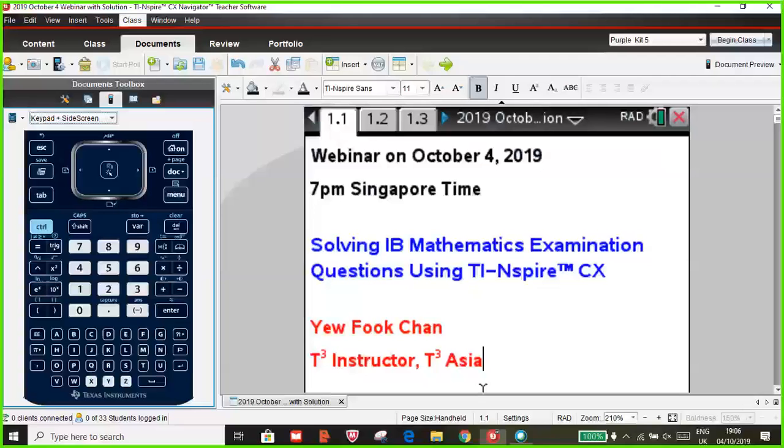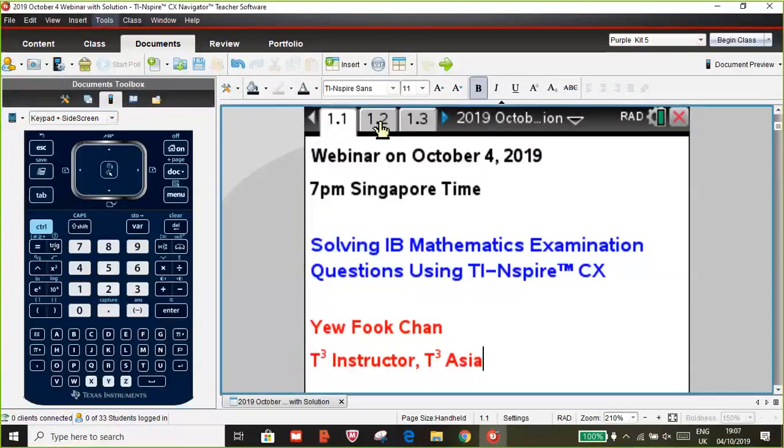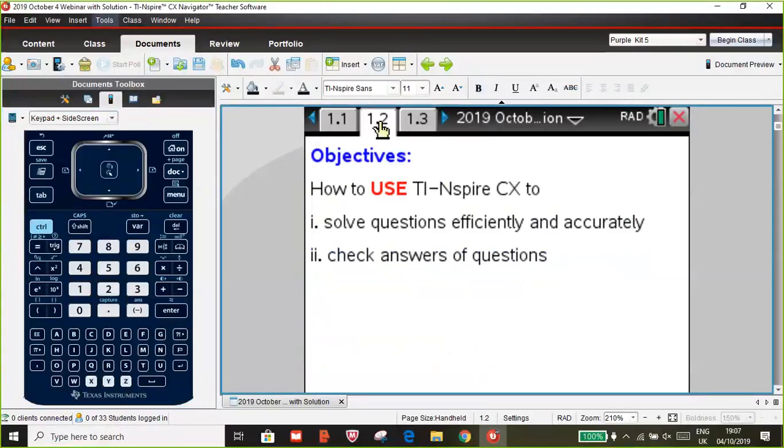I'm Mr. Chen. Before I start proper, I would like to highlight that this is about solving questions quickly using the TI-Nspire.